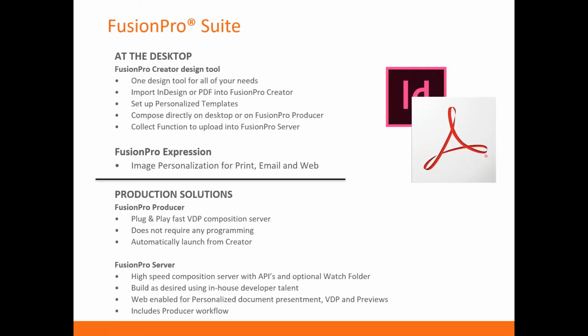Okay, so the Fusion Pro Suite is comprised of desktop applications, and it has components that are production related. So, for example, a high volume print component such as Fusion Pro Producer, or high volume print along with automation in Fusion Pro Server. And we're going to cover all of these today.